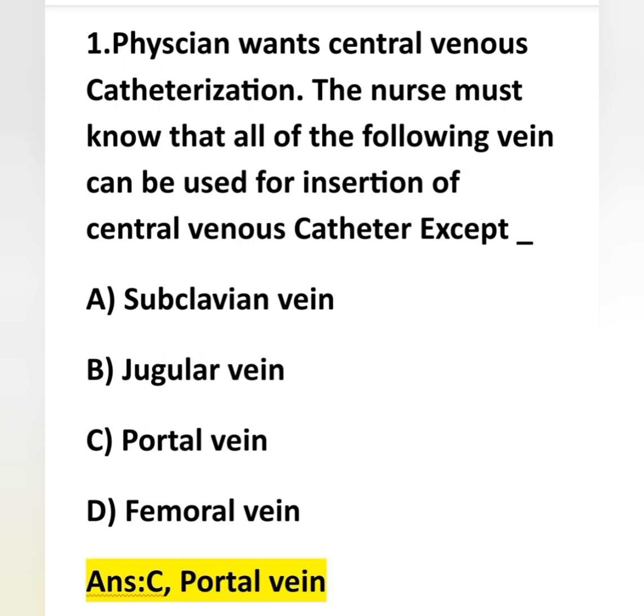Mainly for central venous catheterization, the preferred veins are the subclavian vein and jugular vein, options A and B. The femoral vein, brachial vein, median and basilic vein can also be used for central venous catheterization, but the portal vein is not used. So our answer is option C, portal vein.